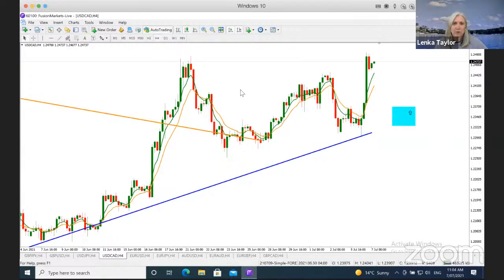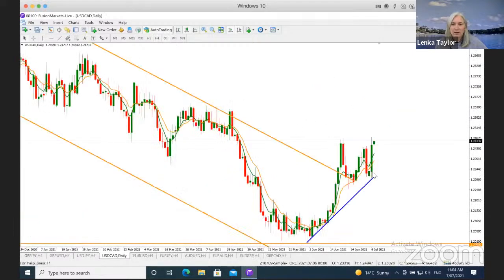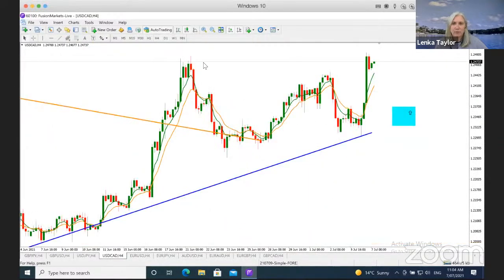In terms of D1, now looking at long. On the 4-hourly, there was an opportunity to enter yesterday as well. Now we will just let that trade play out and see if there is a pullback. I'm still looking for a long if there is a pullback to my entry area.